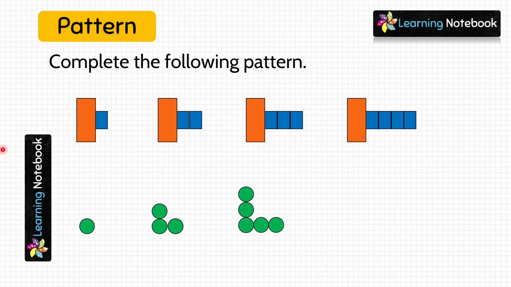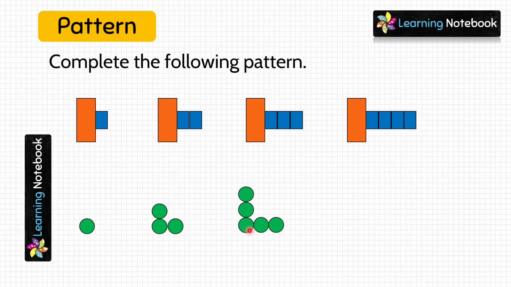Now, look at this second pattern. First, let's identify this pattern. Here, in the first figure, we have only 1 ball. Then, in second figure, there are 3 balls. And then, in this third figure, there are 5 balls arranged in the shape of alphabet L. So, here students, number of balls is increasing by 2 in each figure.